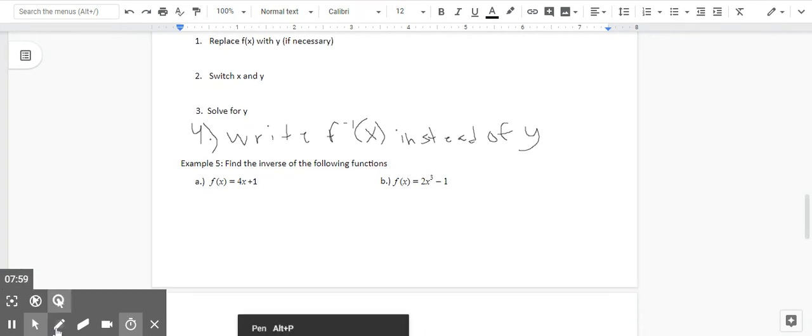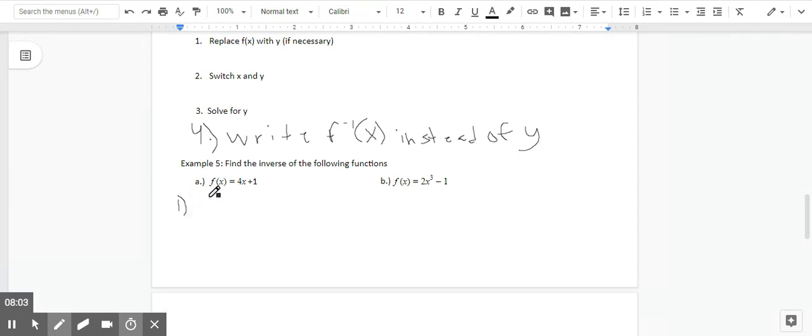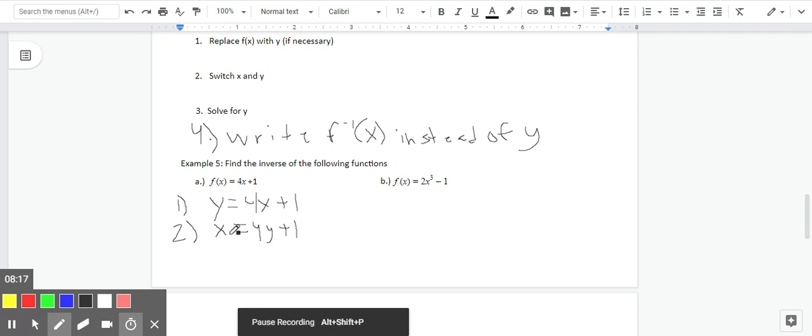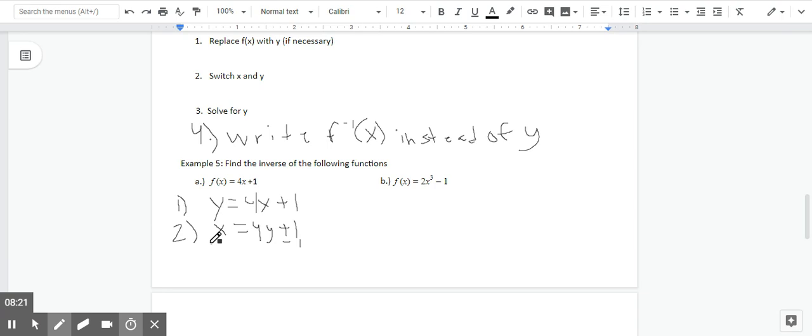Our first step would be to replace f of x. We're going to write y instead of f of x. Second step, switch x and y. So x equals 4y plus 1. Third step, solve for y. That means get y alone on this side of the equation. Start by subtracting 1 on both sides. This is just using your methods of solving, and then divide by 4.